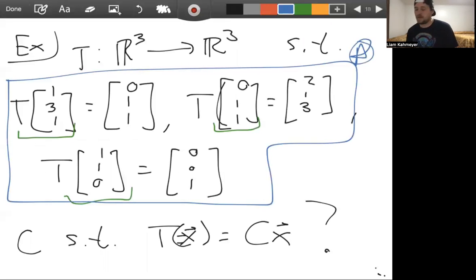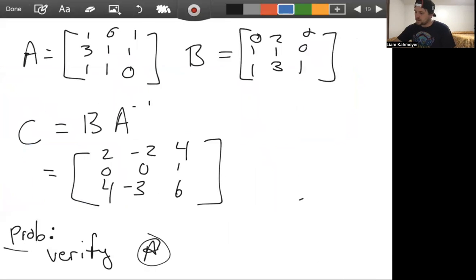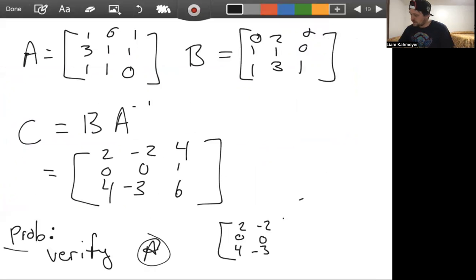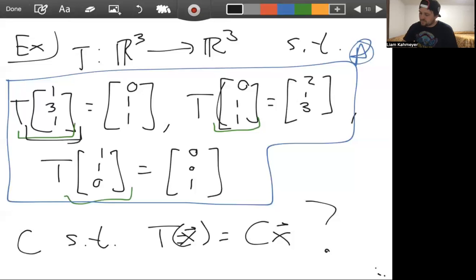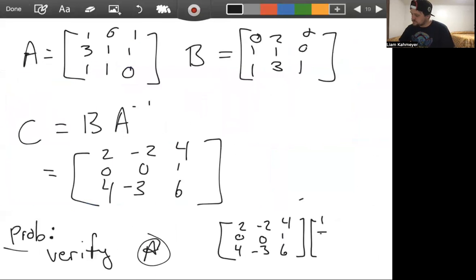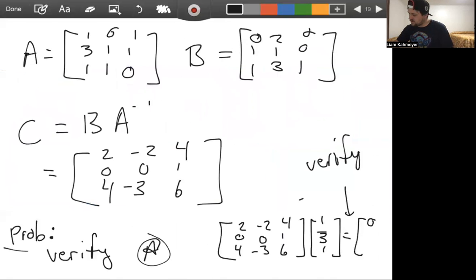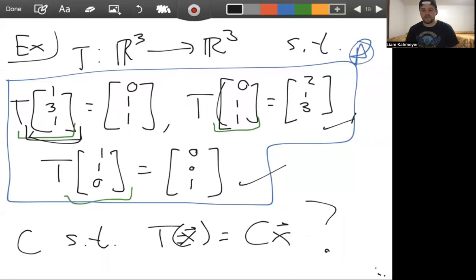When you apply this matrix, for the first one, you would need to show that the matrix (2, 0, 4), (-2, 0, -3), (4, 1, 6) times the vector (1, 3, 1) does indeed give you (0, 1, 1). And I want you to do that for the second and third vectors here as well.